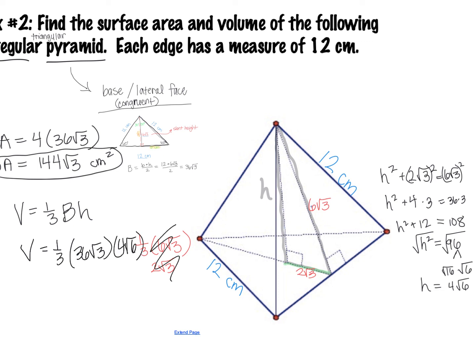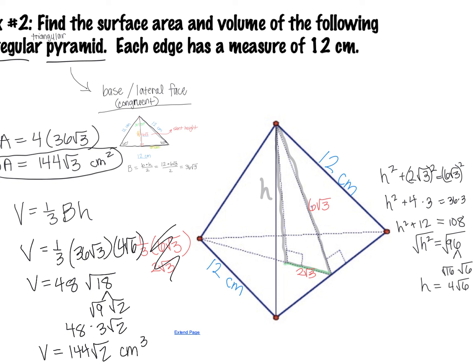And 1/3 times 36 times 4 gives me 48. Radical 3 times radical 6 gives me radical 18. The perfect square that goes into 18 is 9. So that's really 3 radical 2 times 48, or 144 radical 2. And don't forget your units, so that would be centimeters cubed.